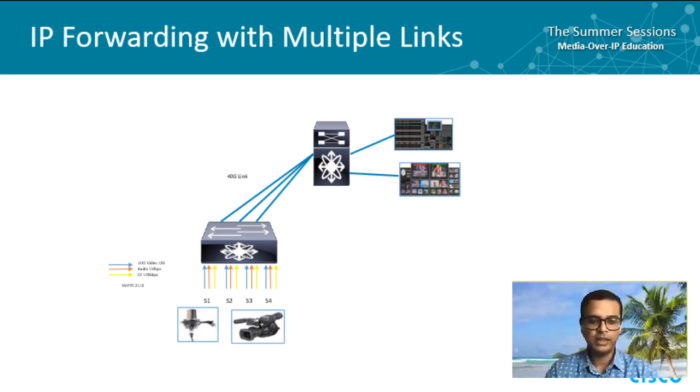Now, this is interesting. Even before we started this project, one of the biggest requirements when you use a COTS-based network to transport uncompressed video is that the entire system has to be non-blocking. Because you come from an SDI router, which is traditionally non-blocking, to now an IP network.